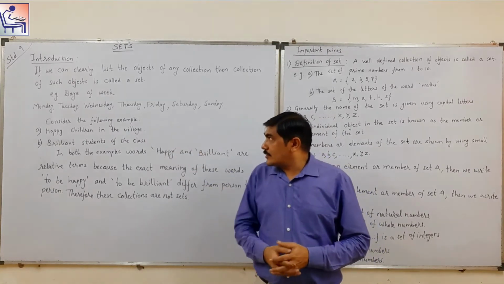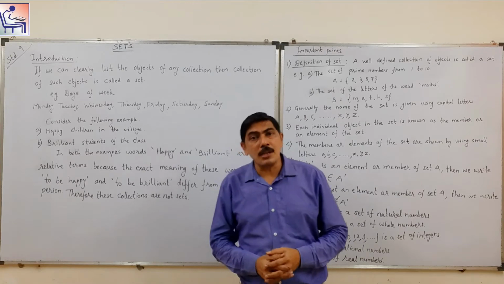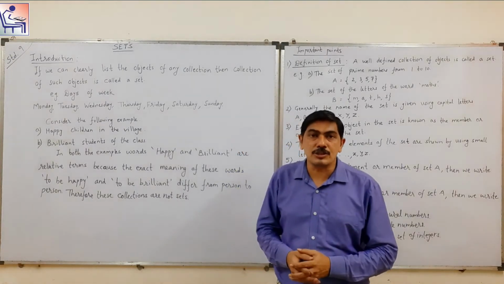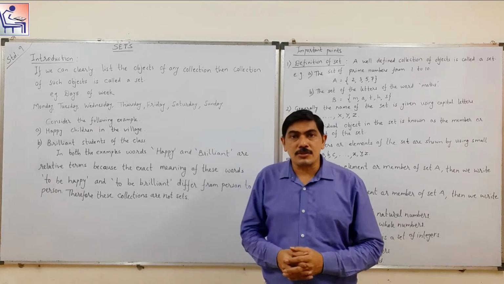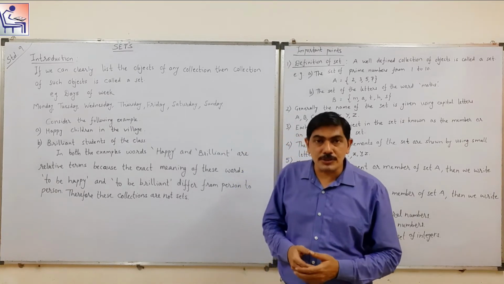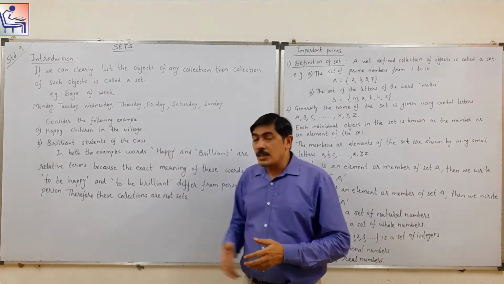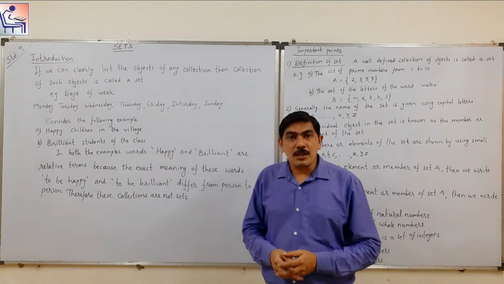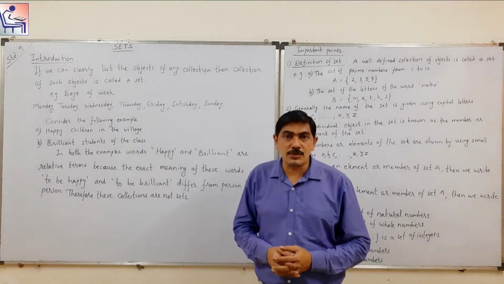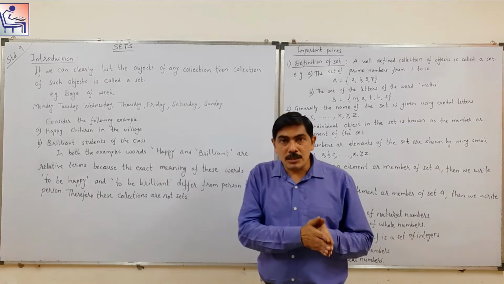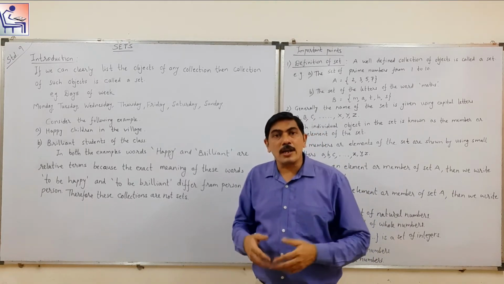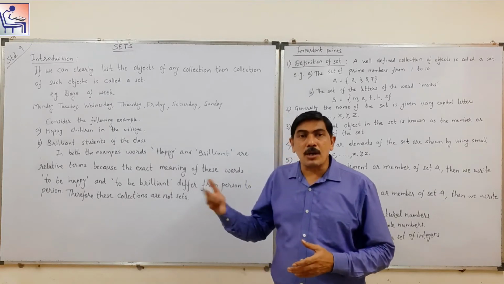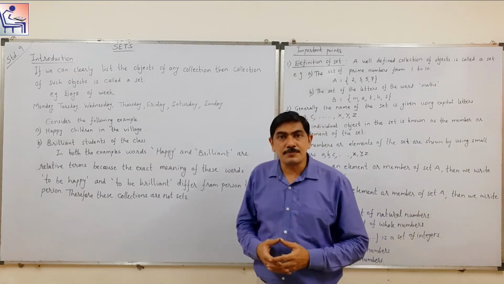Here, consider this example. The first example: happy children in the village. The meaning of happiness differs from person to person. Similarly, brilliant students of the class. Here also it is a relative term. In somebody's eyes, some student is brilliant, while for some other person it may not be.